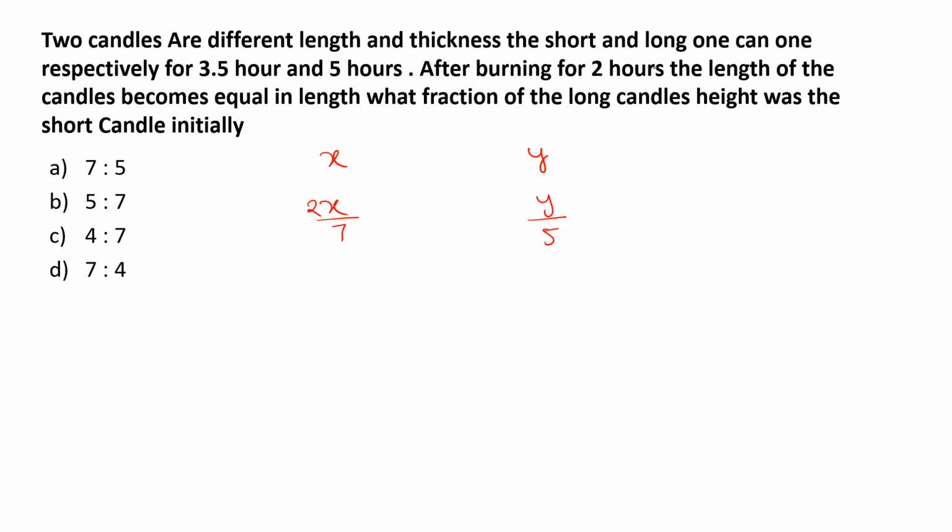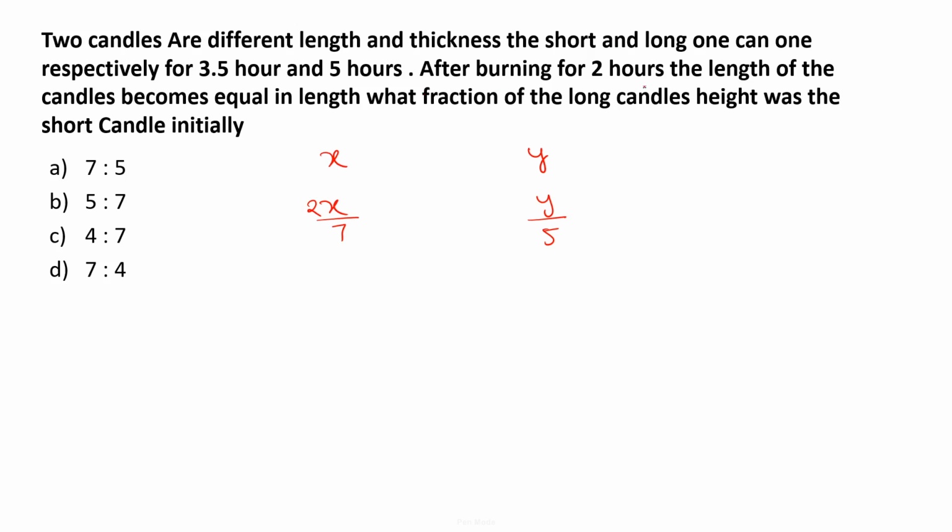Here we can conclude that the first candle was completely burnt in 3.5 hours, and the second candle in 5 hours. But after 2 hours the lengths of the candles became equal.